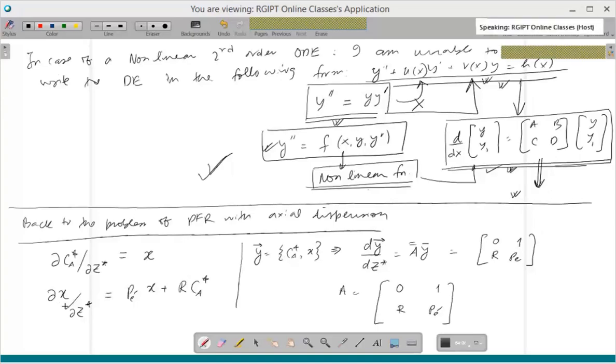This is basically a linear problem. The differential equation that we obtained was linear, so we have a simpler problem to solve, not a nonlinear problem.